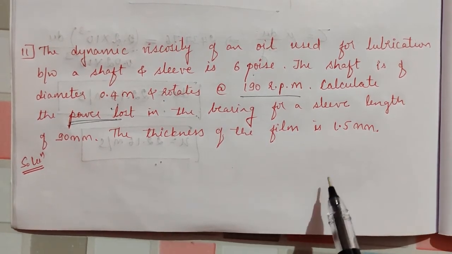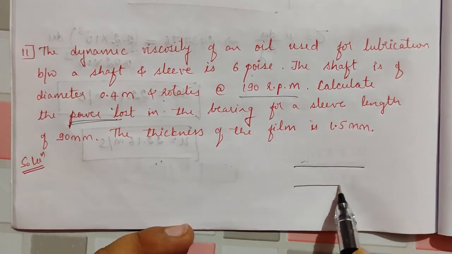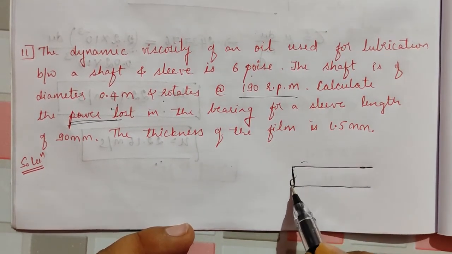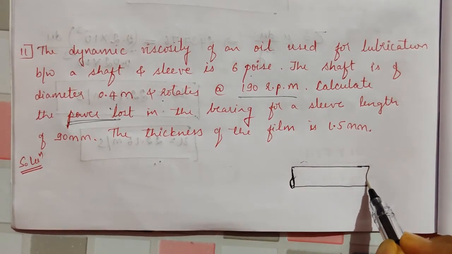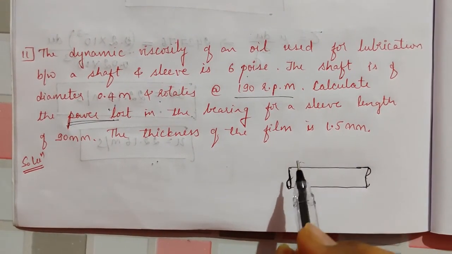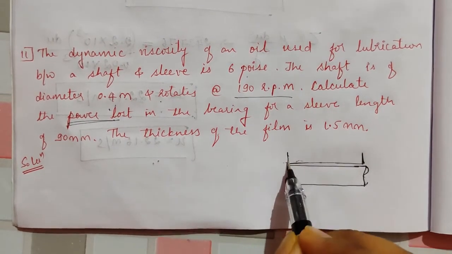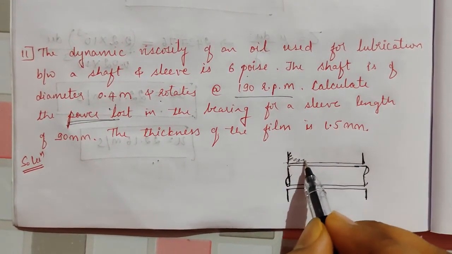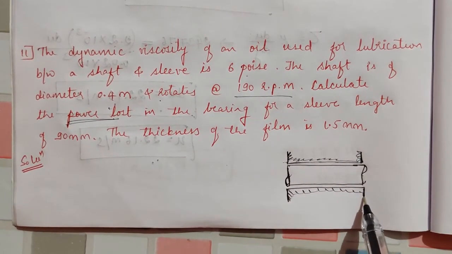So it's difficult to imagine. See here, I'll take a shaft. Shaft means a pipe only. So this is the pipe. The dynamic viscosity of oil is used for lubrication between the shaft and sleeve.